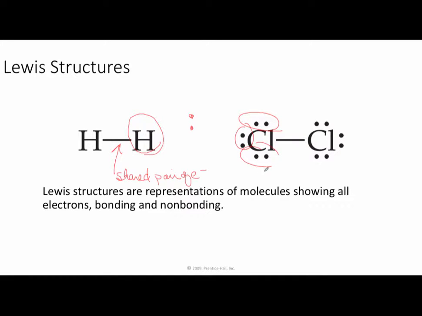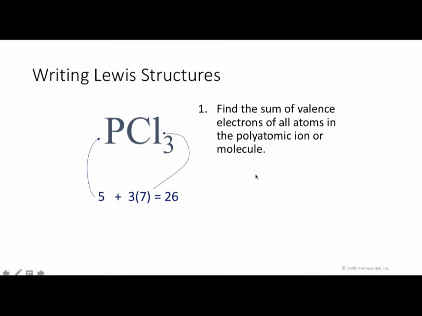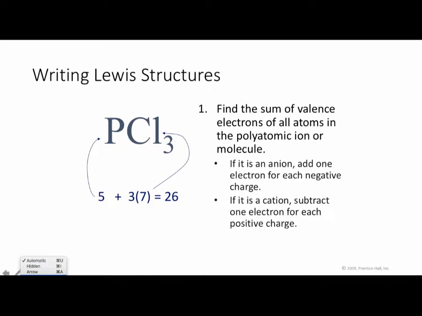Remember that the total number of electrons in a structure can only be the valence electrons plus or minus any electrons you have added or subtracted to make a charge. So one way to draw Lewis structures is to add up all of the valence electrons so you know how many to put in the structure.